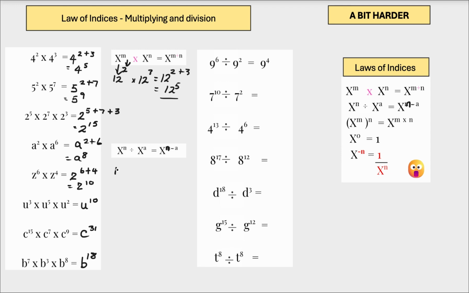So this one is 10 to the power of 10 divided by 10 to the power of 2. So as it's a divide, we subtract. So it's 10, as we know, and it's going to be 10 subtract 2. And our answer is 10 to the power of 8.